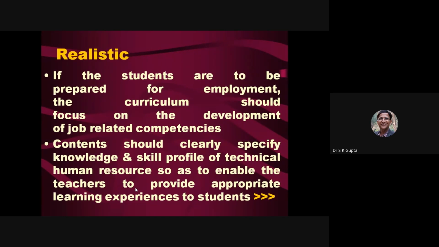But at the same time, we have to see that we can implement all those things, and for that we must develop our resources also, maybe in phases. So the curriculum we design should be implementable, realistic, with all the changes we are making in it.